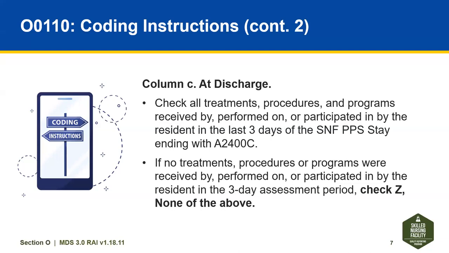And lastly, for column C, at discharge, check all treatments, procedures, and programs received by, performed on, or participated in by the resident in the last 3 days of the SNF PPS stay. And that's ending with A2400C, which is the end date of the most recent Medicare stay. And as with while a resident, if none apply, you'll also check Z, none of the above.